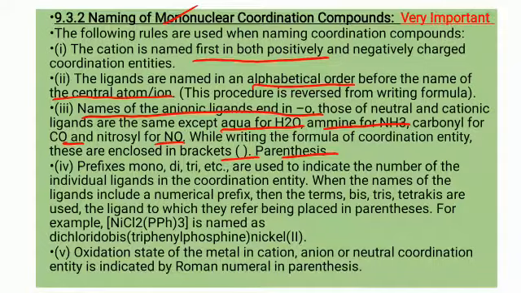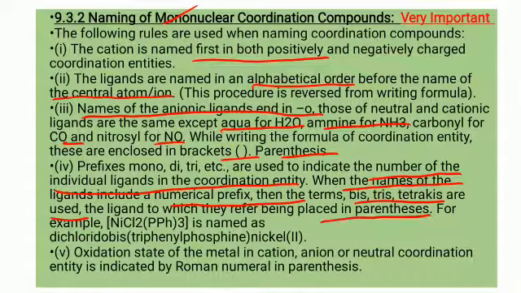Prefixes mono, di, tri, etc. are used to indicate the number of individual ligands in the coordination entity. When the names of ligands include a numerical prefix, then the terms bis, tris, tetrakis are used, with the ligand placed in parenthesis.